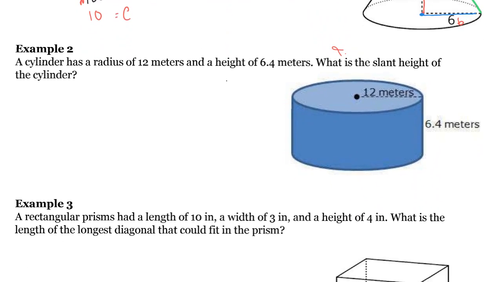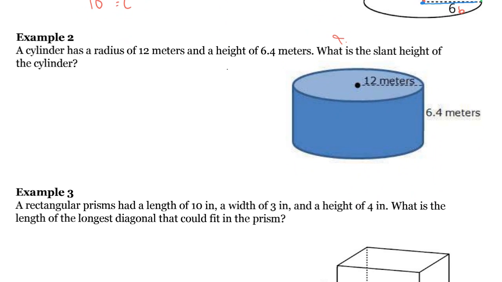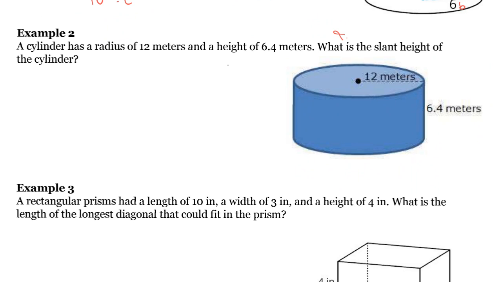Let's look at a cylinder. So again, a radius is the middle of a circle to the outside. So in a cylinder, we have a radius of 12 meters, from the middle of the circle to the outside. The cylinder has a height of 6.4 meters. So the side height of the cylinder is 6.4. What is the slant height of the cylinder?